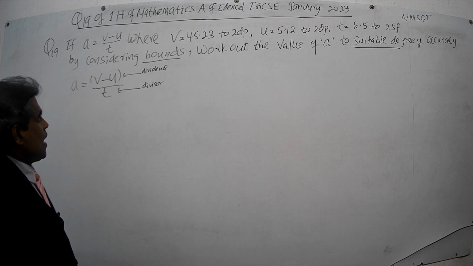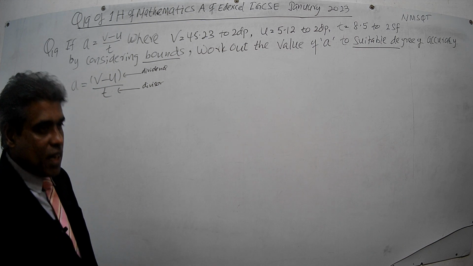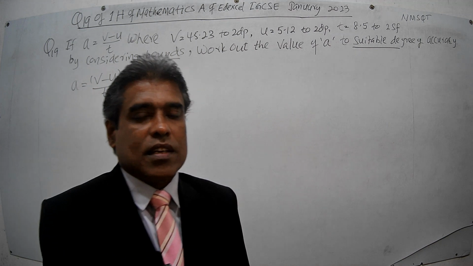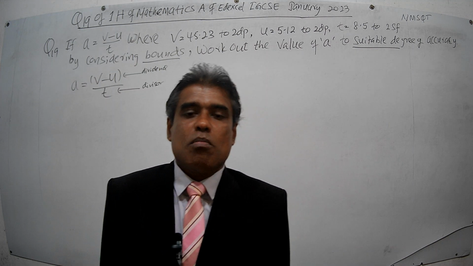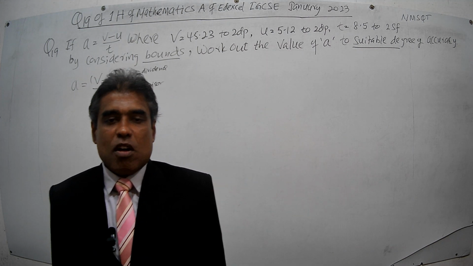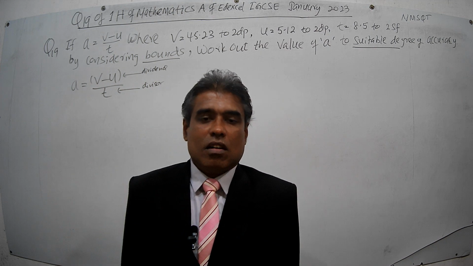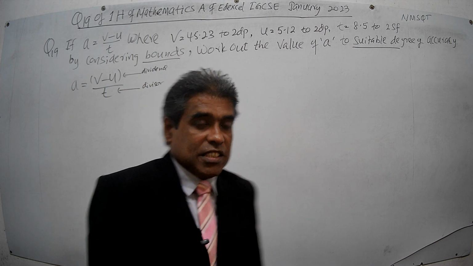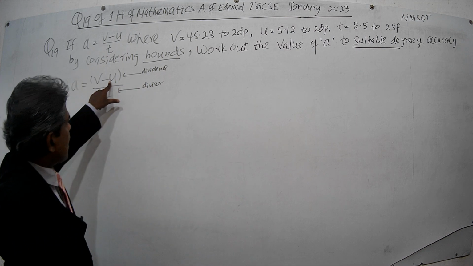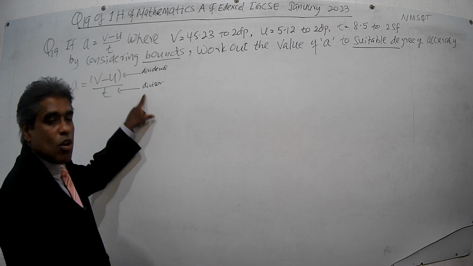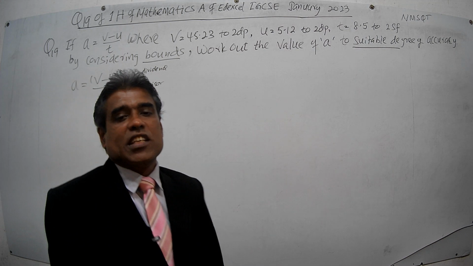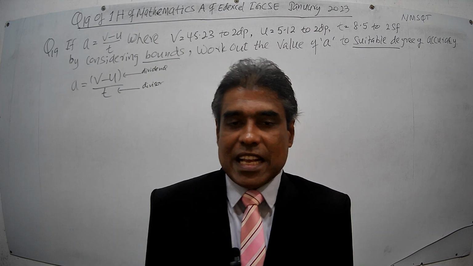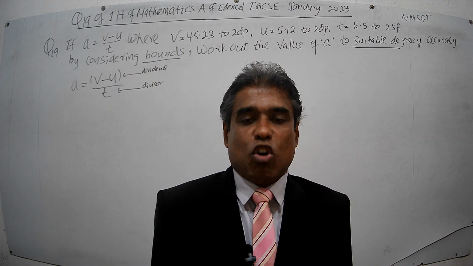Then we have to use the principles of upper bound and lower bound of a quotient. The upper bound of a quotient equals the upper bound of the dividend, that is the top value, divided by the lower bound of the divisor. That is how you find the upper bound of a quotient.